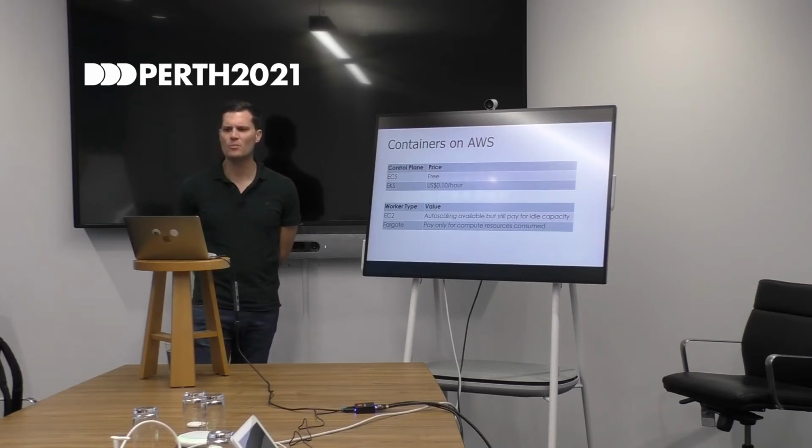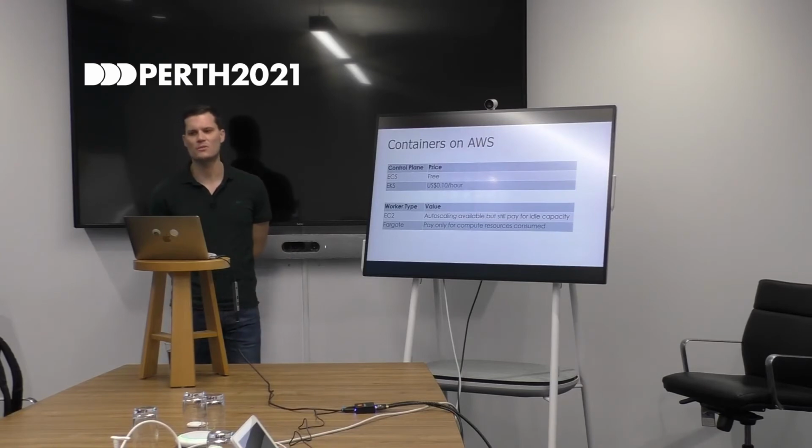Both control plane options have access to two options for deploying workloads. The first option is to deploy containers to managed EC2 instances as worker nodes. And the second option is to use the serverless compute engine AWS Fargate, where you don't have to worry about the underlying infrastructure and you pay only for what you use, which is the vCPU and memory usage.